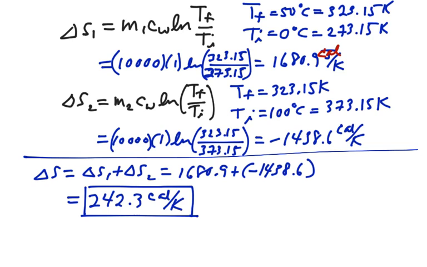Positive entropy for the whole process of mixing. So our change in entropy for this problem is 242.3 calories per Kelvin.